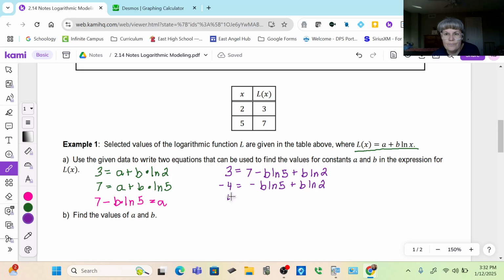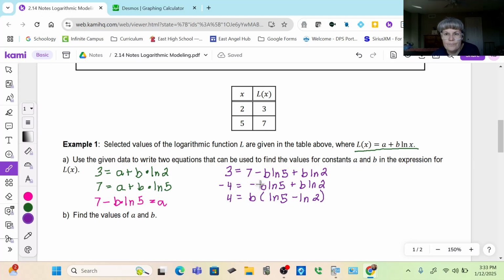So I'm going to have 4 equals, and I'm going to factor out a b at the same time. So b times natural log of 5, oops, forgot the b, b times the natural log of 5 minus natural log of 2. So again, I did a couple of things here.